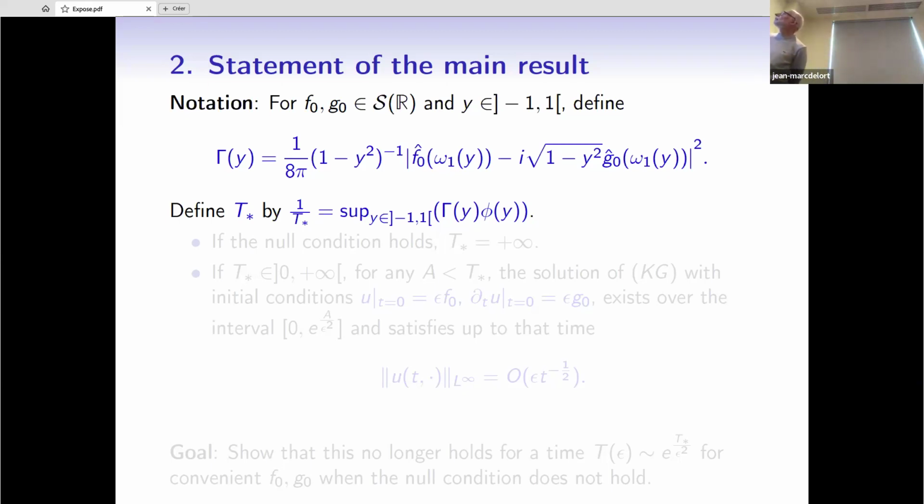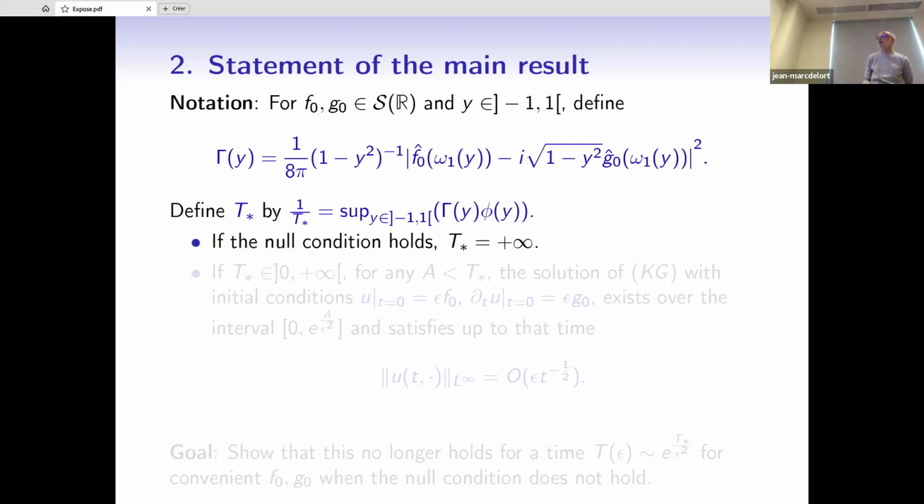So remember that if the null condition is satisfied, phi is identically 0, so that in that case we get that t star is plus infinity. And actually, this is in accordance with the fact that when the null condition holds, we know that there is global existence.